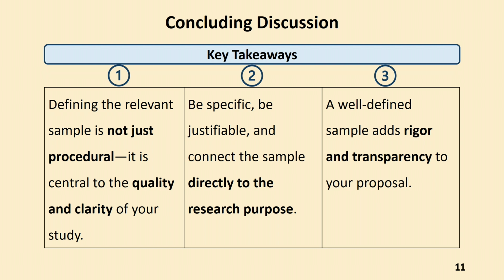It is key, or you can say central, to the quality and clarity of your study. And as a researcher, you have to understand that when you are targeting a certain sample in a study, that is the component over which you are going to execute all other developed aspects.